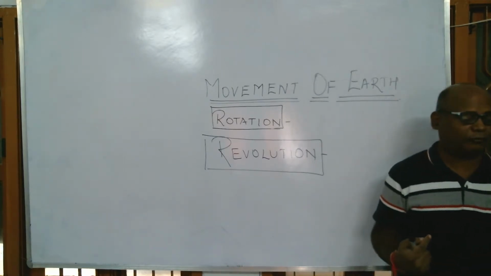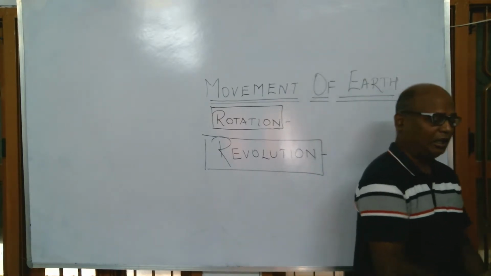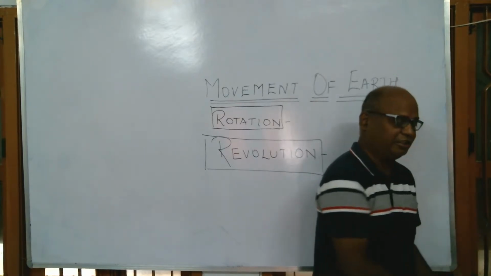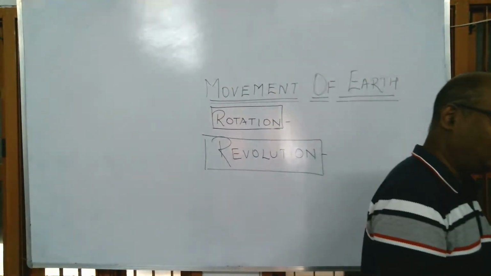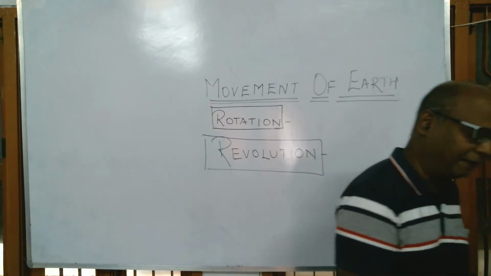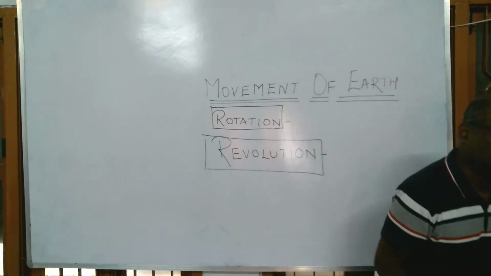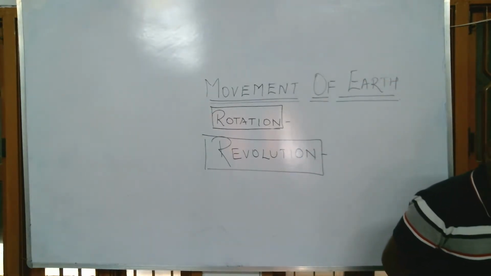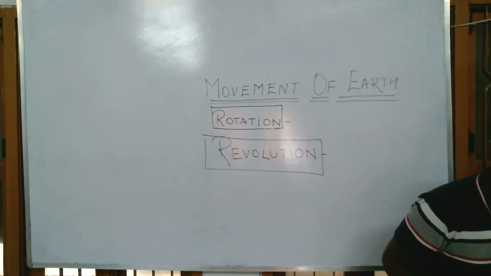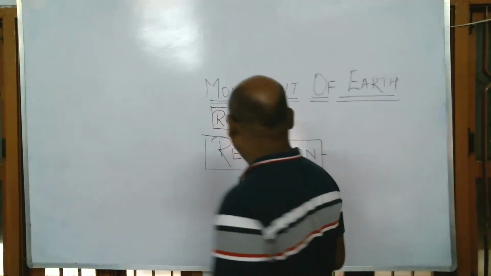What kind of motion is this? I am moving around this chair in the elliptical orbit. What kind of motion is that? Yes, all of you have written correct. Revolution. Okay.